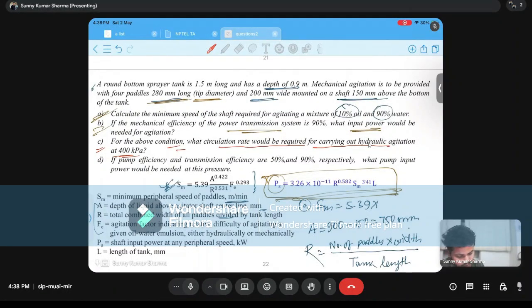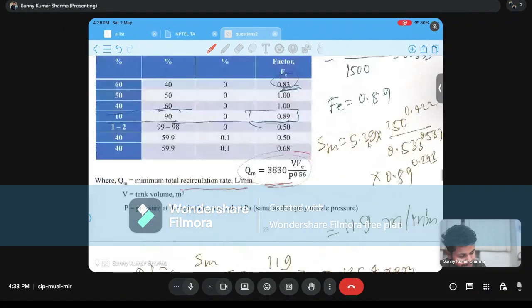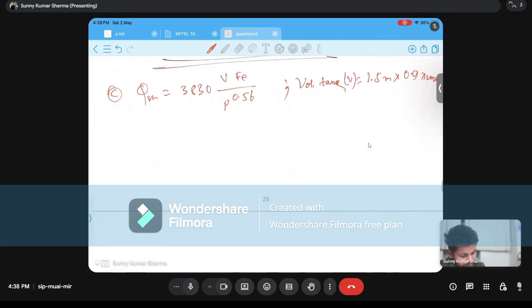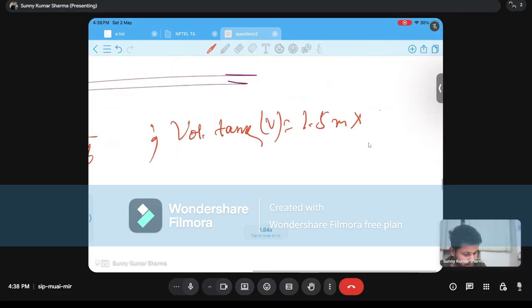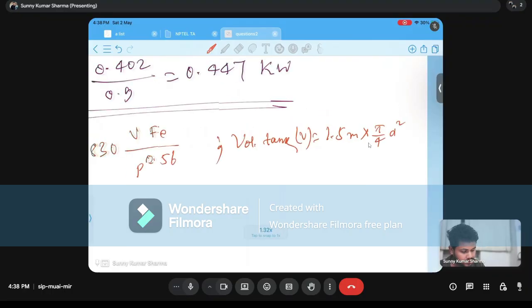So the area will be pi r square or pi by 4 d square. So here you need to use pi by 4 d square.